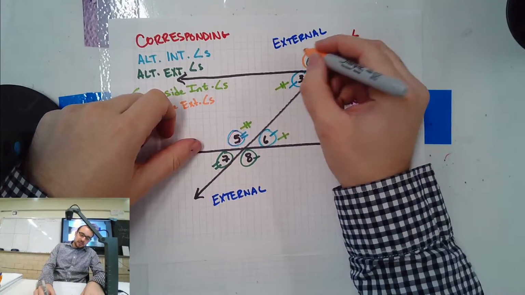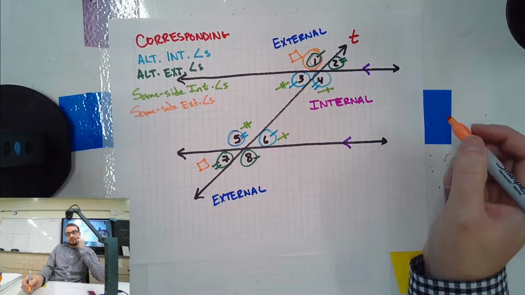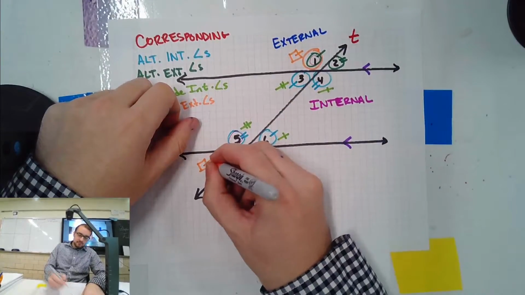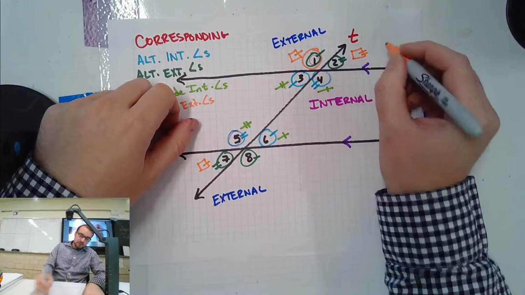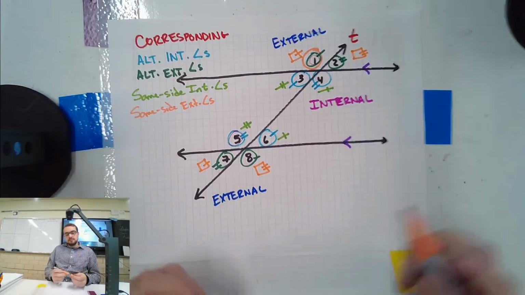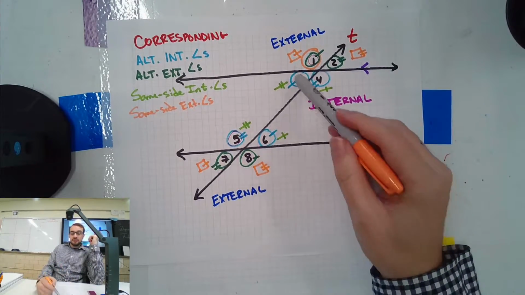So those two are going to go together. I'll do a little symbol like this. Square and square. Whereas same side exterior on the other side would be 2 and 8. They go together, right? So we got alternate interior, same side interior.